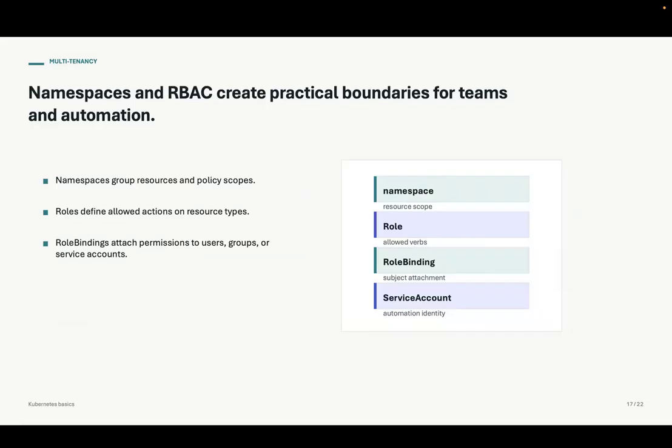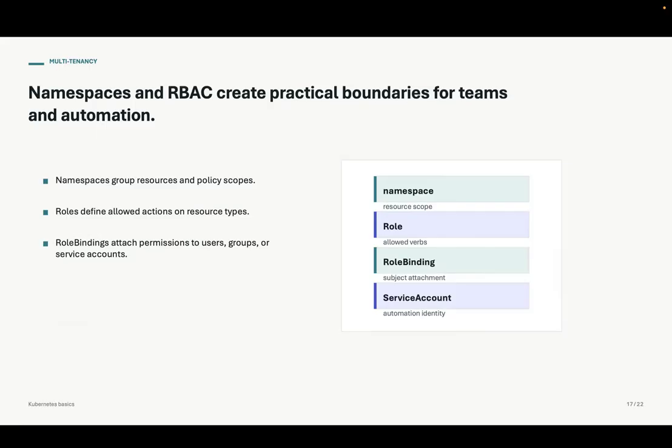Moving on to multi-tenancy. In real clusters, you can have more than one team share the cluster. For example, there is a concept of namespaces where your teams can define and manage their services inside a namespace. Also, you have a security mechanism, role-based access control, which defines who can do what on the cluster.